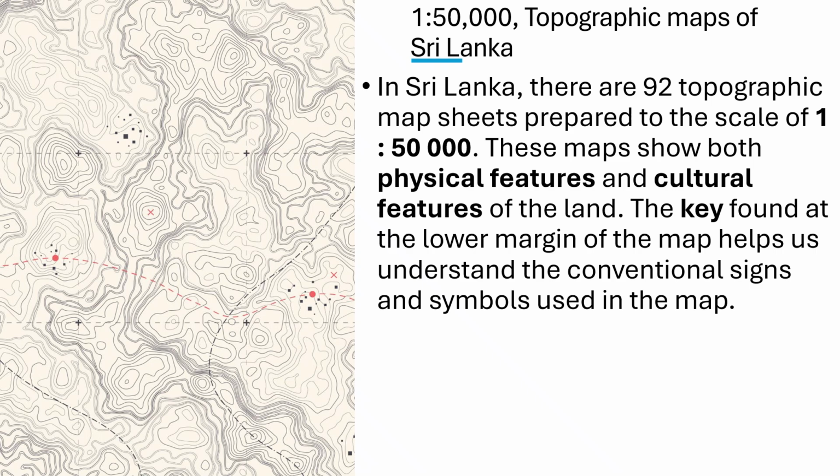These maps show both physical features and cultural features of the land. The key found at the lower margin of the map helps us understand the conventional signs and symbols used in the map.